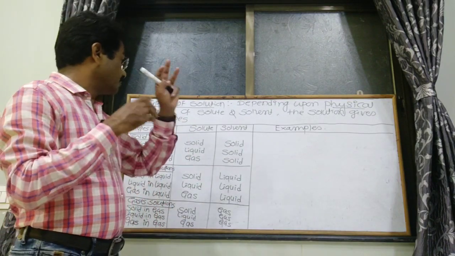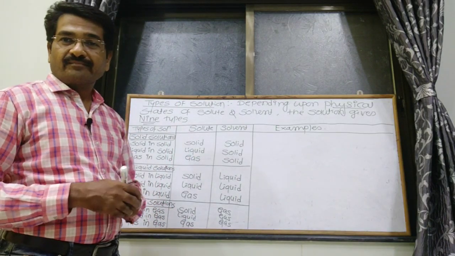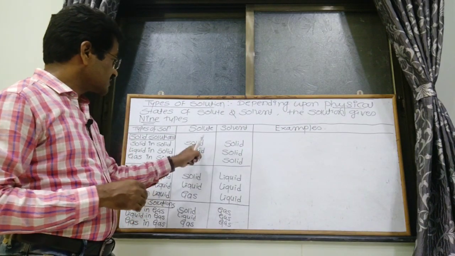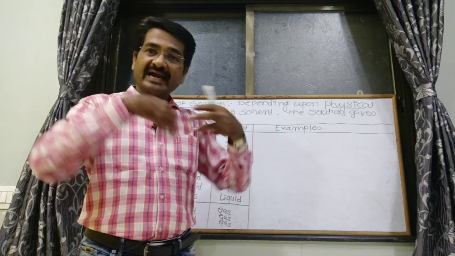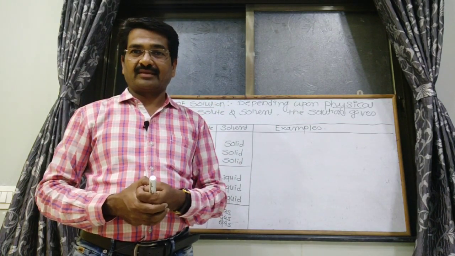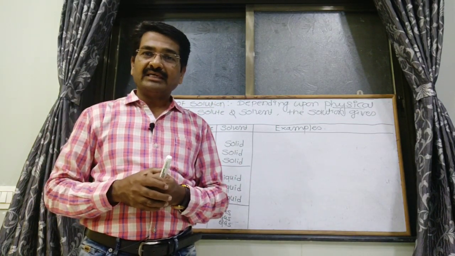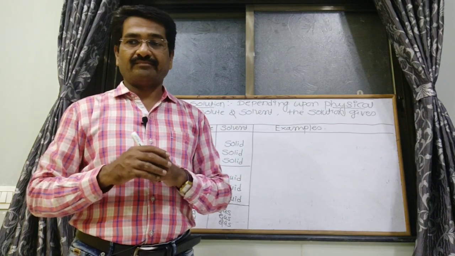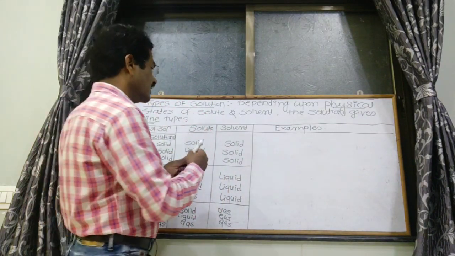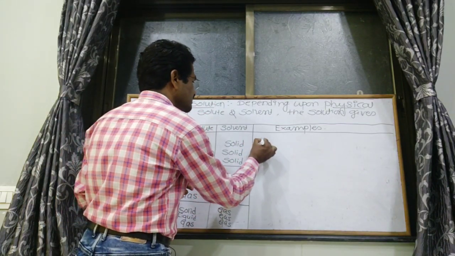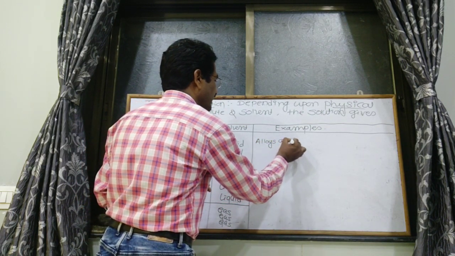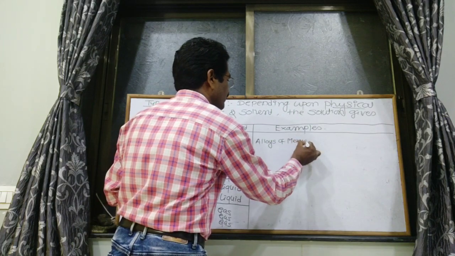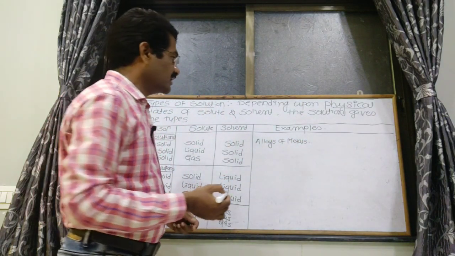Okay, see the examples of all these types of solutions. First, solid in solid. One solid can mix in another solid. The best example is alloys of metals.